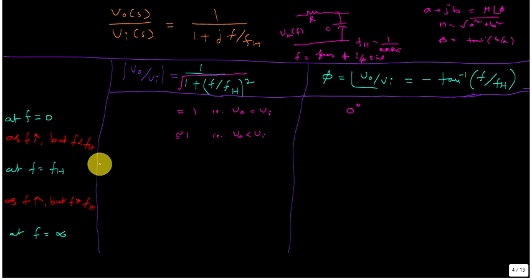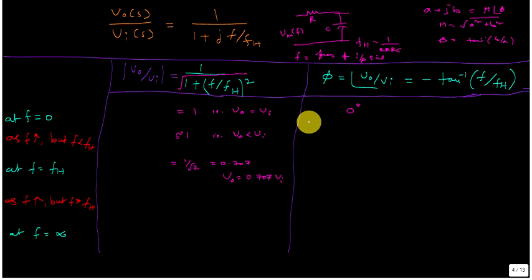And next, when f is equal to fh, f by fh is equal to 1, 1 square is 1, that means you get 1 by root 2, which is 0.707. So V0 is equal to 0.707 times V input, that is 70.7% of the input value. If you apply 1 volt, you will get 0.707 volts at the output.